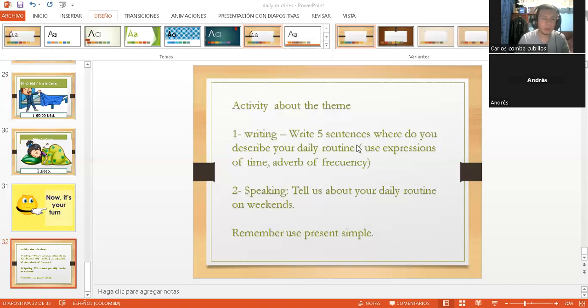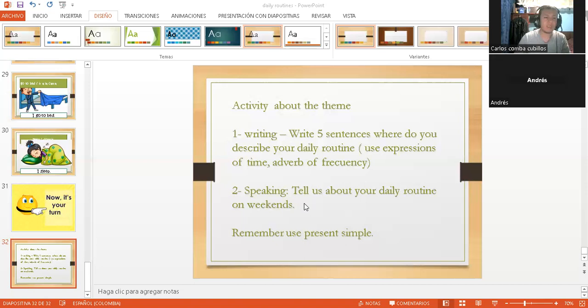And finally, the last sentence: I work until 6 p.m. and come home about 7 or 8 p.m. Okay, I have a little feedback. I consider that the structure is good, you use adverbs of frequency, you use the vocabulary, and you know the present simple. Continue with the other activity.